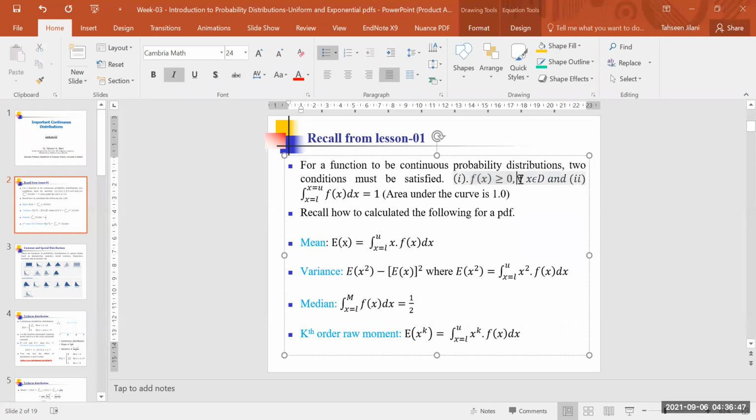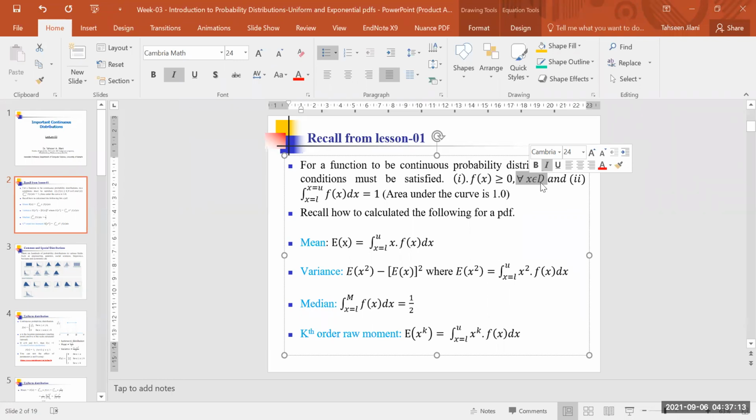This notation is called for all, for all values of x. This sign says x belongs to D, where D is the domain set. For example, in lesson 1, we studied a function where the domain was x greater than or equal to 0, that means 0 to infinity.